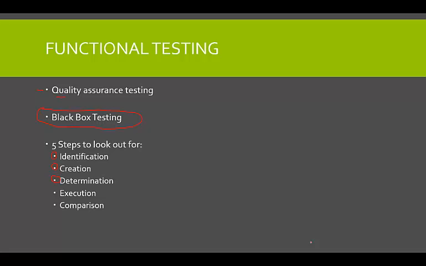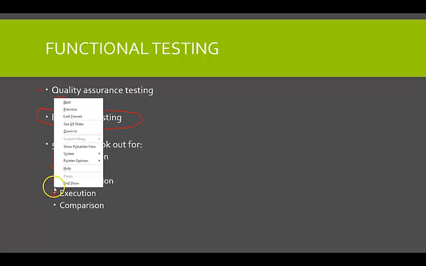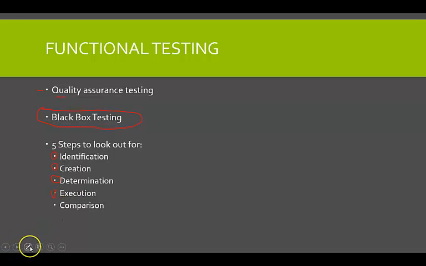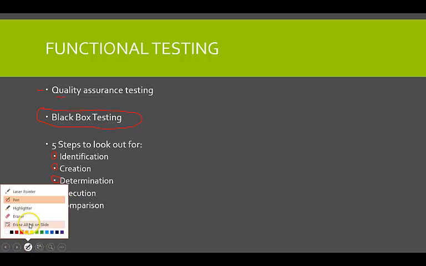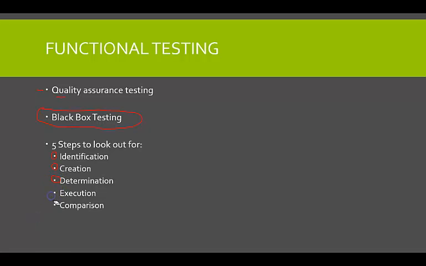Now, the execution of the test case. The reason why we refer to it as the execution is because it's the actual execution. Oh, let me undo that and try and do it better. Oh, I've got an eraser here. Let's just go and delete that.